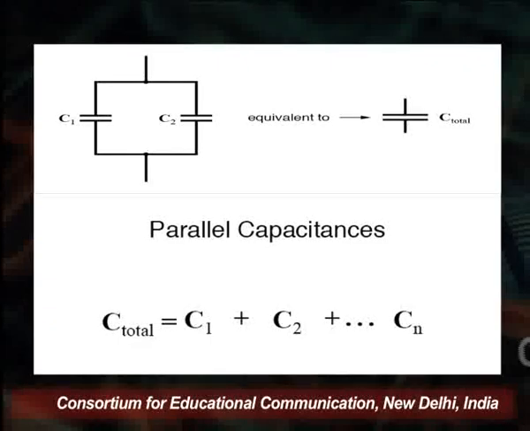You see on the screen two capacitors connected in parallel, and the parallel capacitor formula is C total equals C1 plus C2 plus C3 and Cn. So in series the capacitance will decrease, but in parallel the capacitance will increase compared to the individual capacitors.